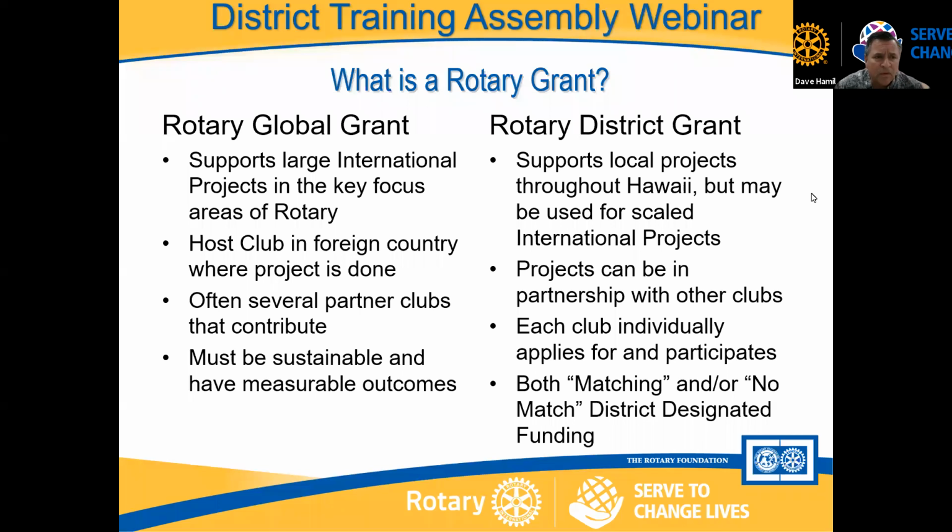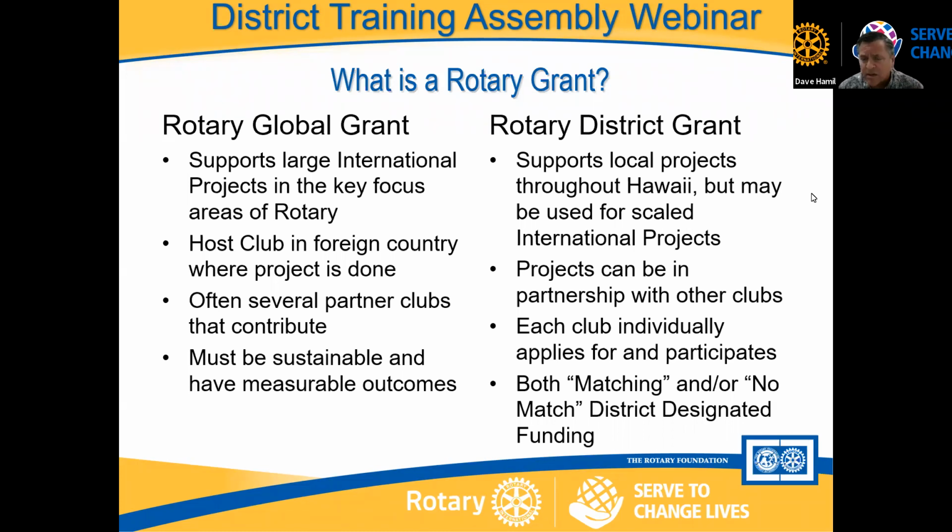So you can use that for two different things. A portion of it, I believe it's about 50%, goes to a global grant. So your club can participate in a global grant, or it can also go towards what are called district grants.